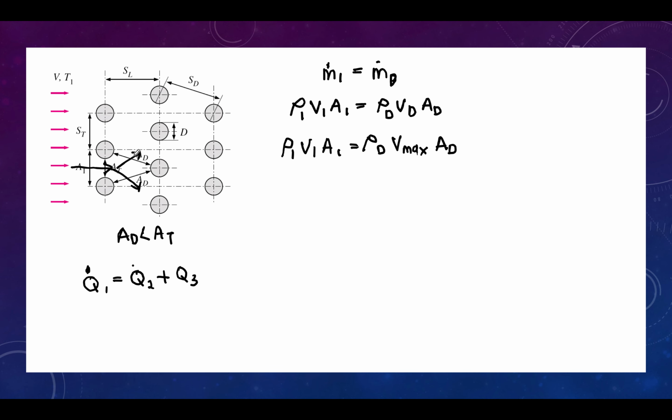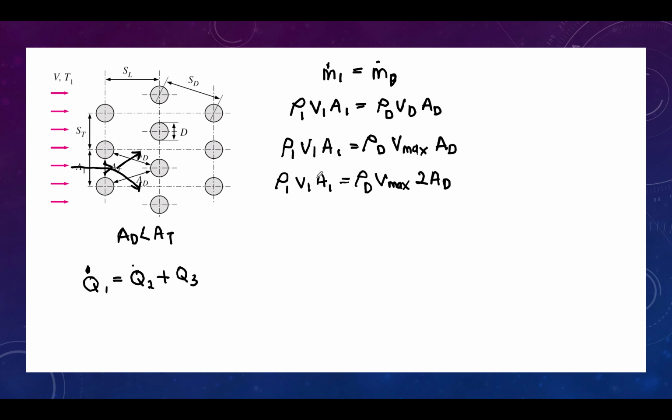One flow divided into two flows. Therefore, to get the summation of the Q here, we have to add AD plus AD, or 2AD. So rho 1 V1 A1 equal to rho D V maximum times 2AD. Okay, that is the equation.